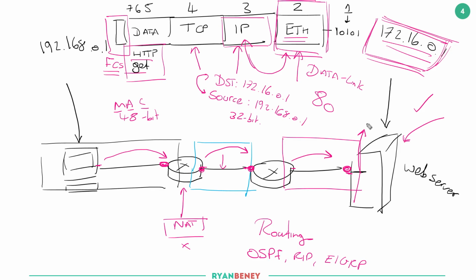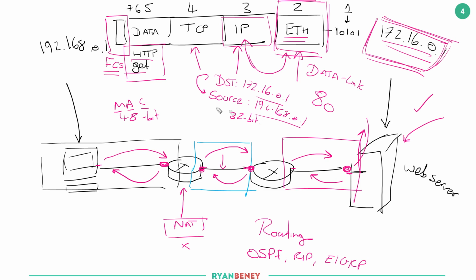The HTTP application will respond and the traffic will continue back using that encapsulation and decapsulation process between the layer 2 and layer 3 MAC address and IP address, again keeping the IPs essentially the same unless it goes through a NAT device.